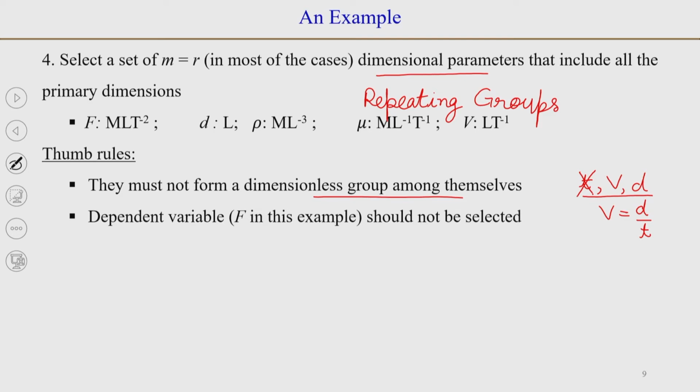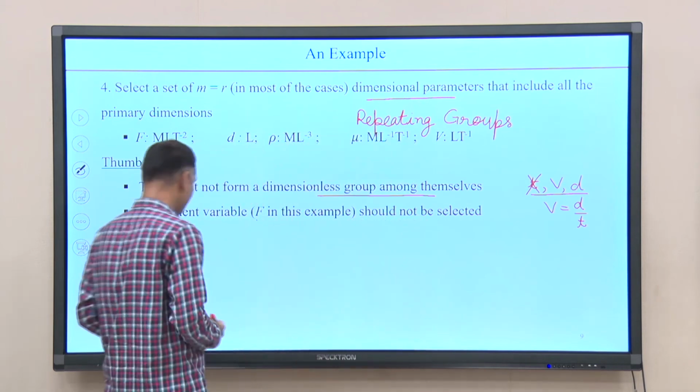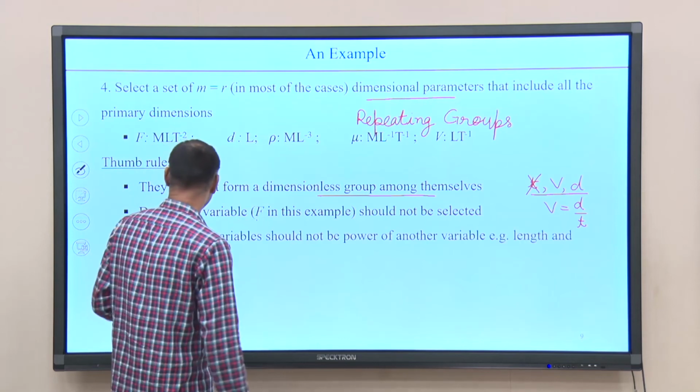Now, the dependent variable should not be selected, because we are trying to find the dependence of f, the dependent variable, in terms of other variables. So, if it appears in all the dimensionless groups, then our efforts will be wasted. So, we should remember that this dependent variable should not be a repeating variable.